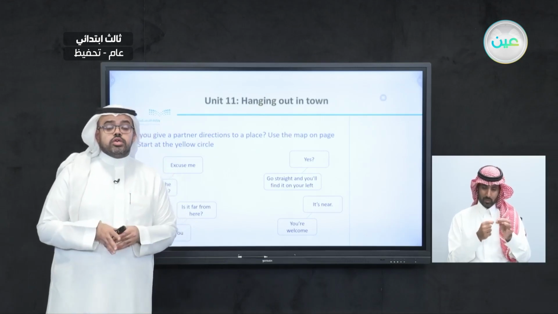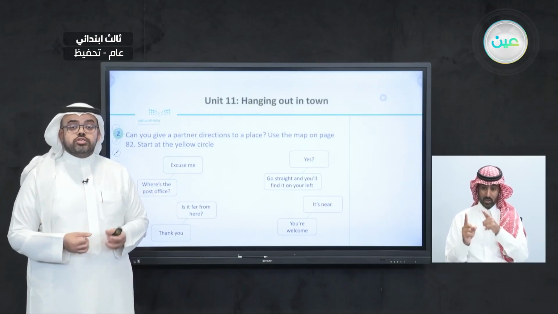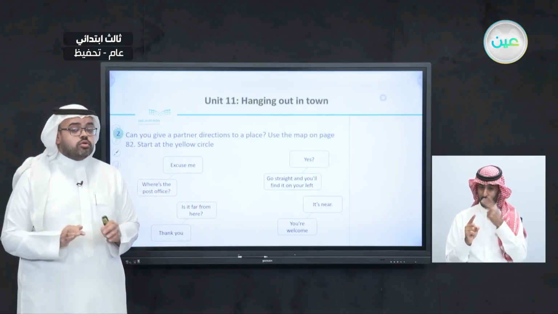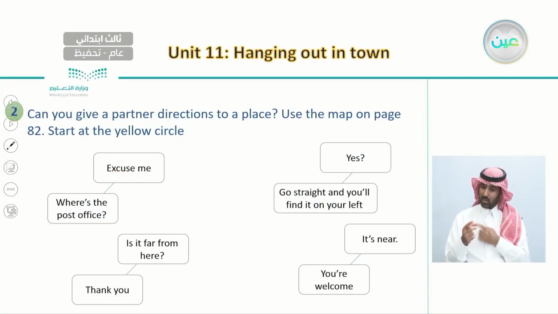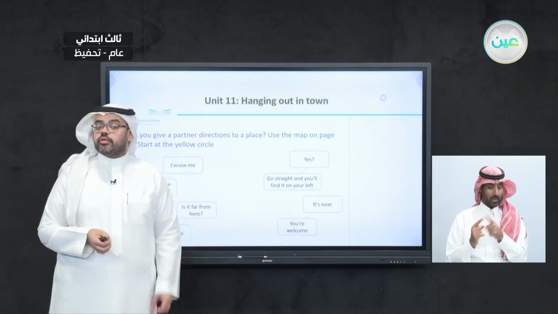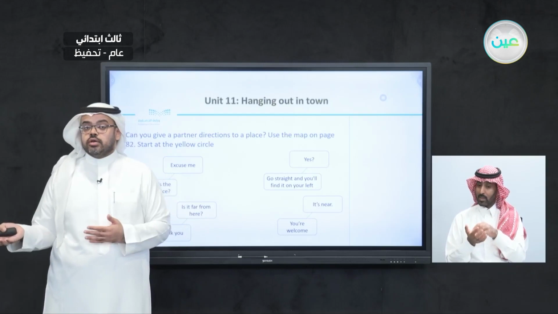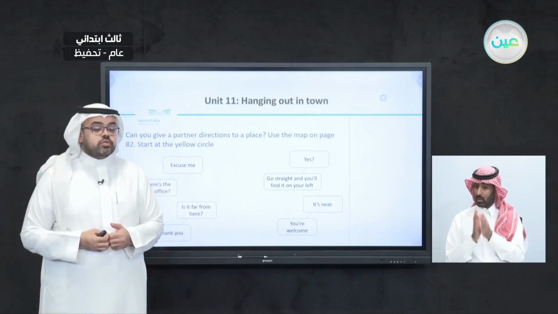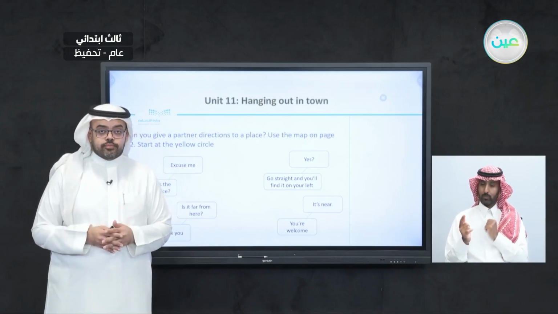And it is important when you ask for directions that you always start with, excuse me, and you end with, thank you. When you ask for direction, you start with, excuse me, where is this or where is that? And when he or she gives you the direction, you say to them, thank you.